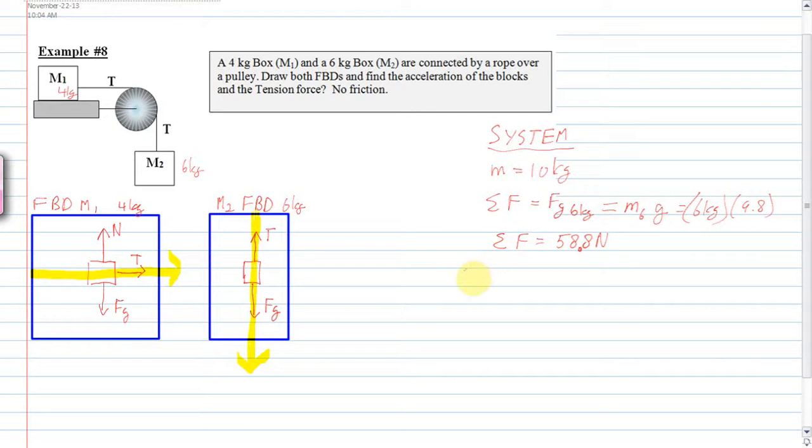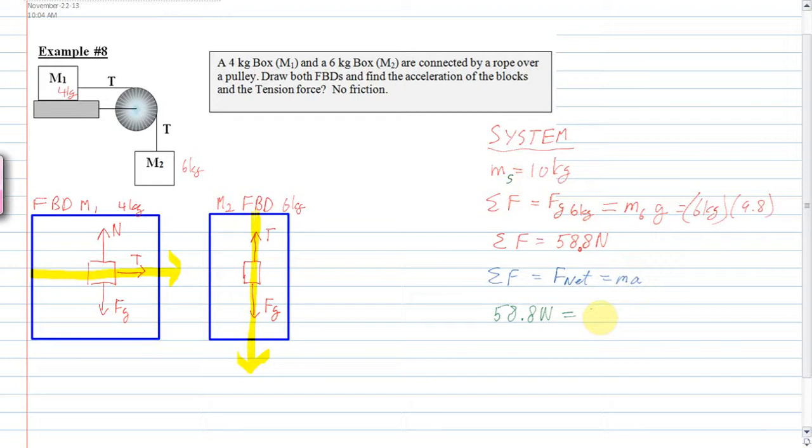So let's draw out Newton's second law now. We got some of the numbers. The sum of the forces is our net force, which equals MA. Putting the numbers in, this is 58.8 equals MA. We're talking about the system here, so it has to be the mass of the system.